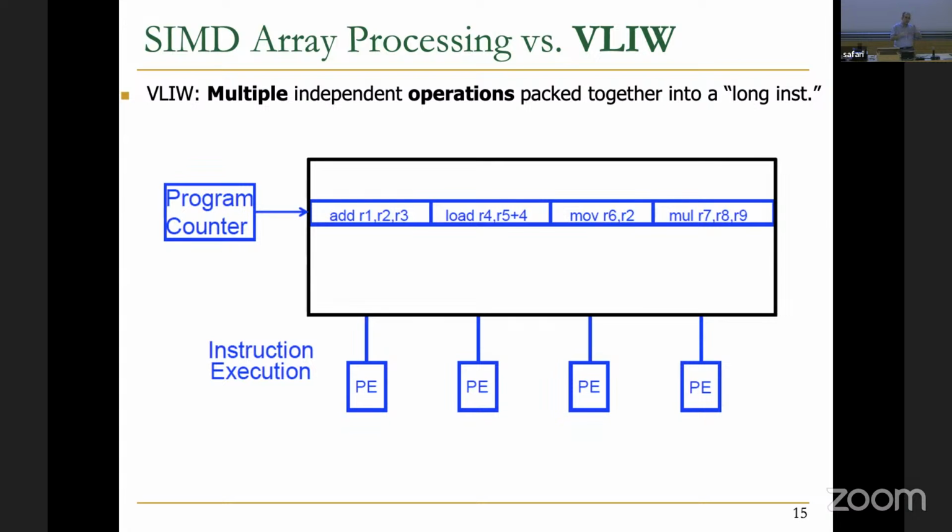But there is also another way of doing that, which uses the compiler. The compiler can also try to understand which instructions are independent, and pack them into one large instruction. So VLIW architectures use a very long instruction that does addition, load, move, and multiplication. This is VLIW.